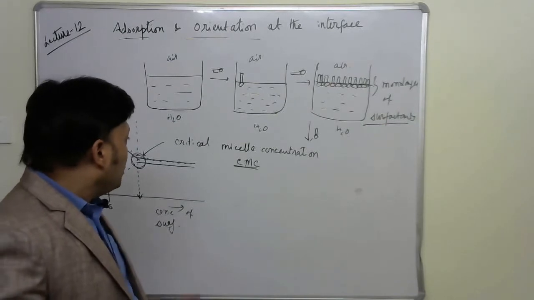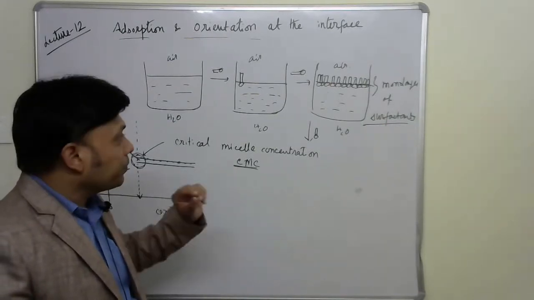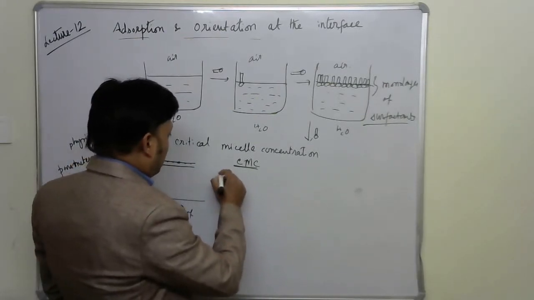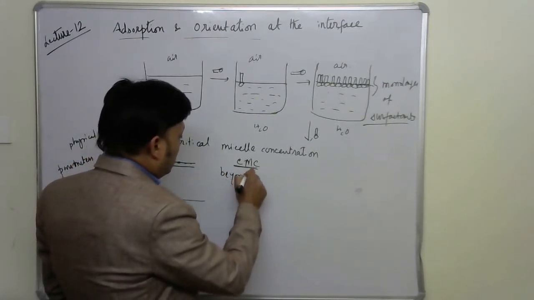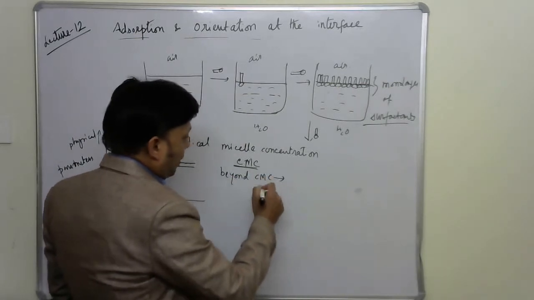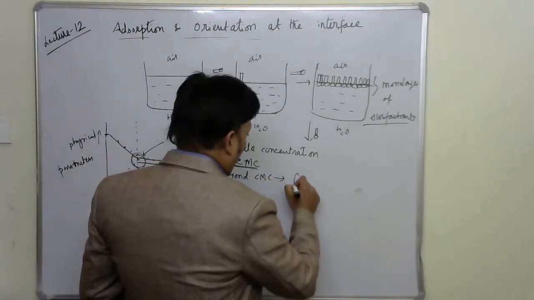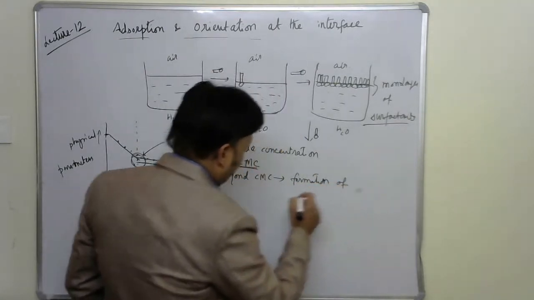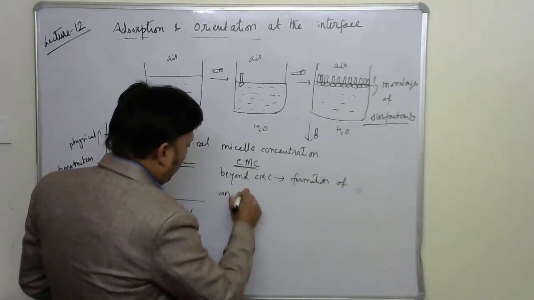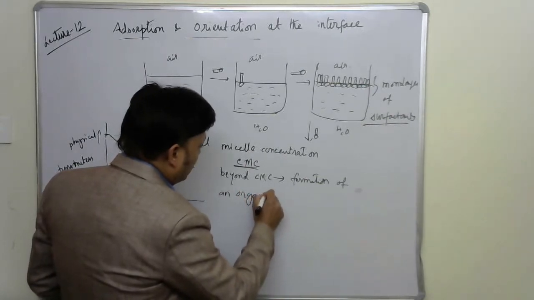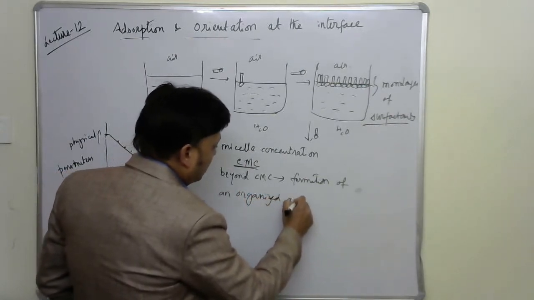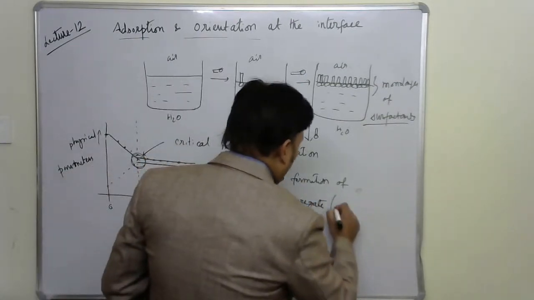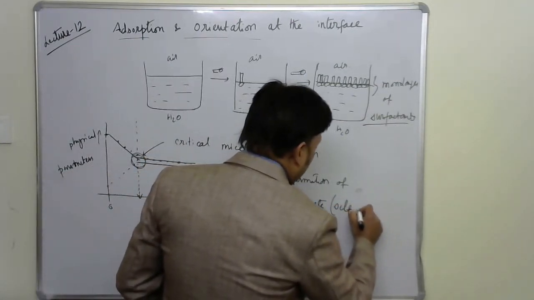Therefore, beyond the critical micelle concentration, we have a formation of an organized aggregate, and this aggregate is also known as self-assembly.